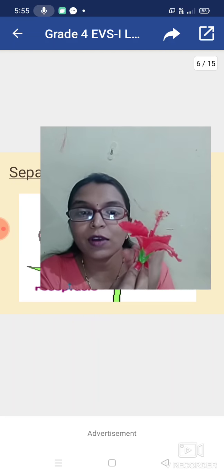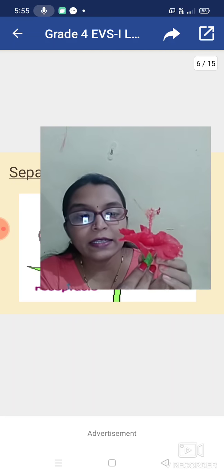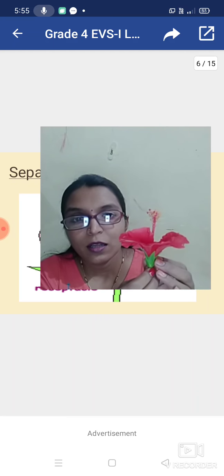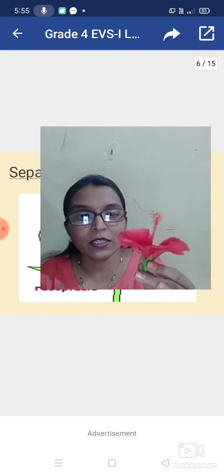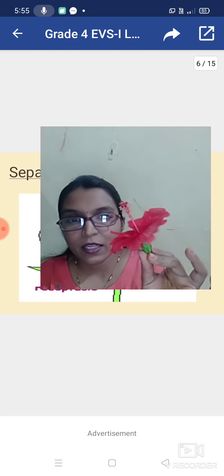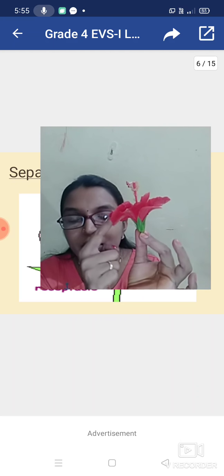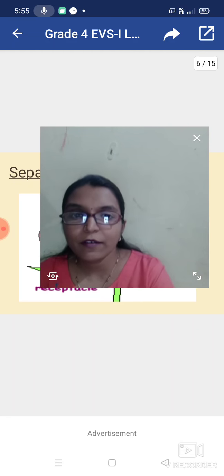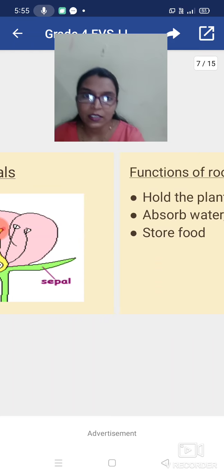When the flower is blooming, the sepals spread and the petals go up. All of you can see this one is sepals and this one is petals. So these are the parts of the flower. In this picture also you can see.